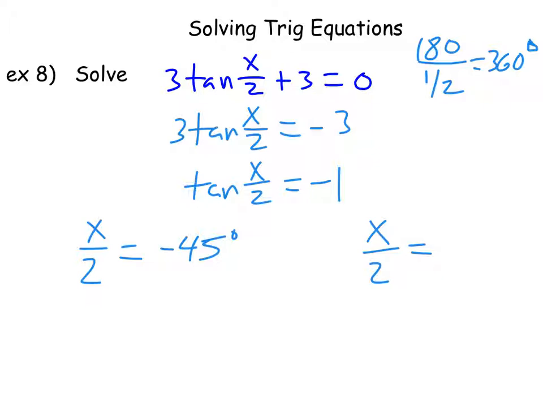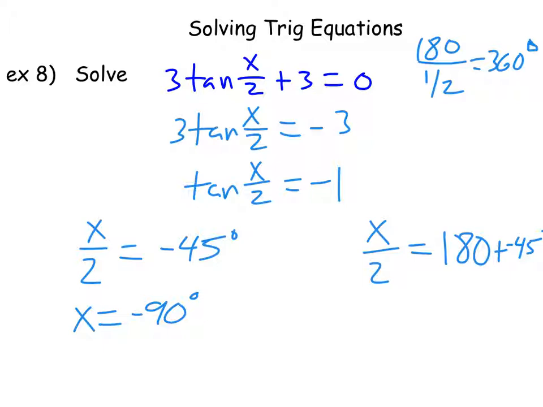Now remember over here, the rule with tangent is 180 plus your first answer. Okay? 180 plus your first answer. Here's what that would leave us with. I multiply both sides by 2, and I get to the solution of -90 degrees, though I don't think that's the one that I'm going to leave my answer in.